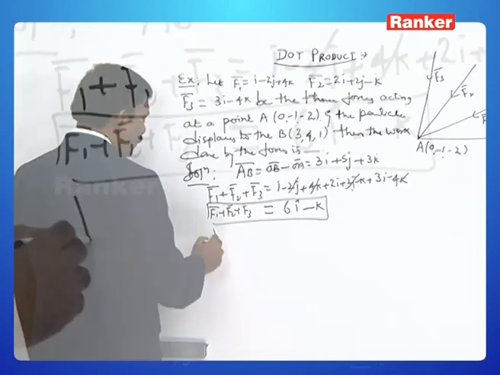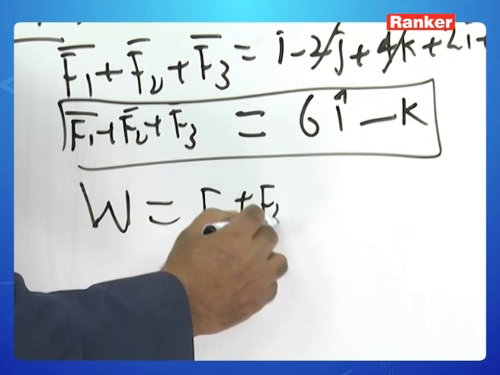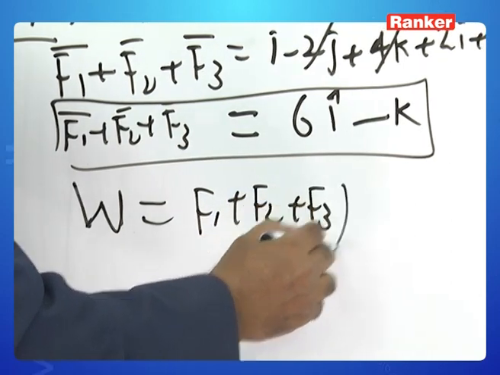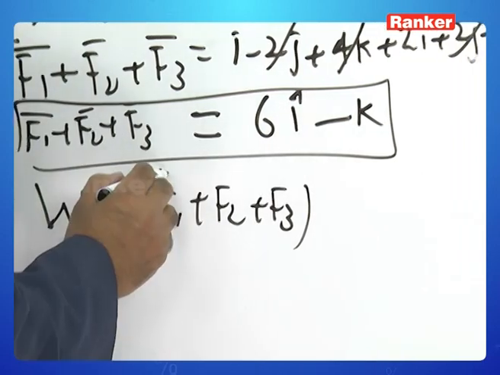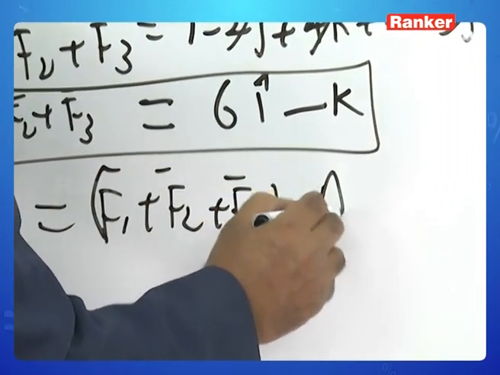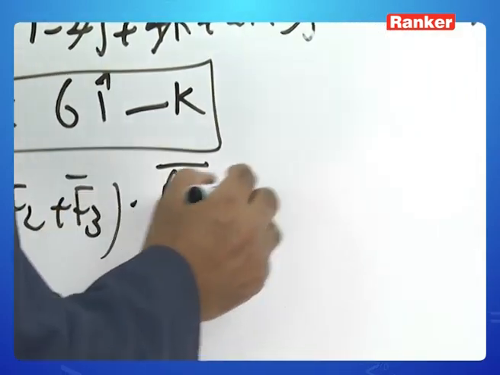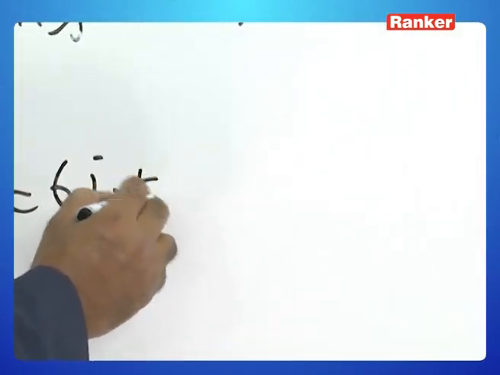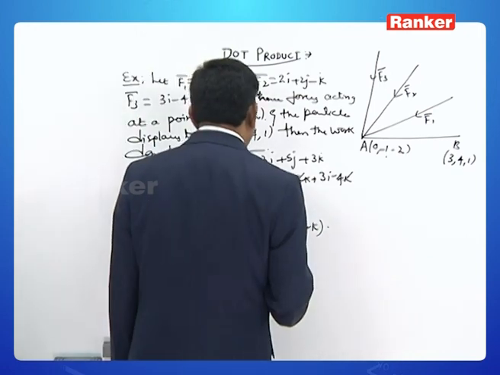So therefore, work done by the three forces is nothing but F1 bar plus F2 bar plus F3 bar dot AB bar. Write down F1 plus F2 plus F3 dot of AB bar. What is AB bar?